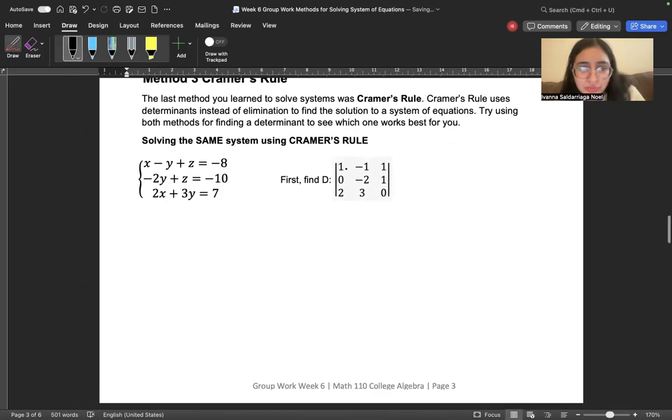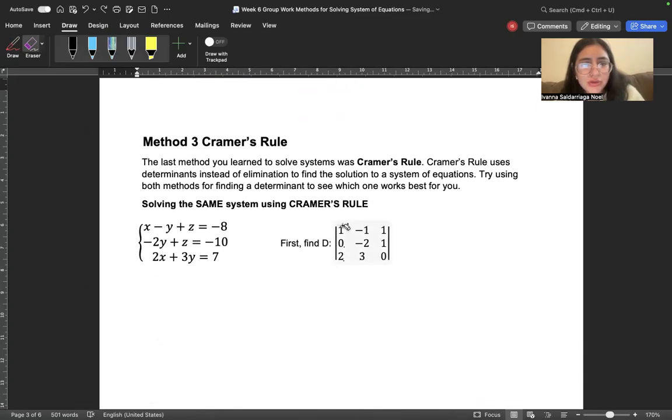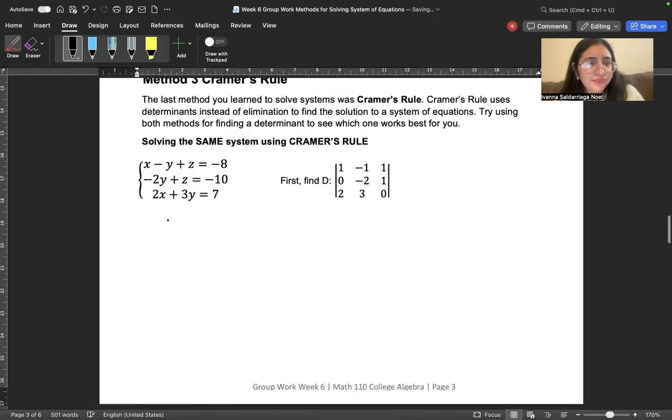So basically, the determinant, this will be A1, A2, A3, B1, B2, B3, C1, C2, C3. So A1, this will be with B2 multiplied by C3 and B3 multiplied by C. Well, I'm not gonna explain the whole formula.